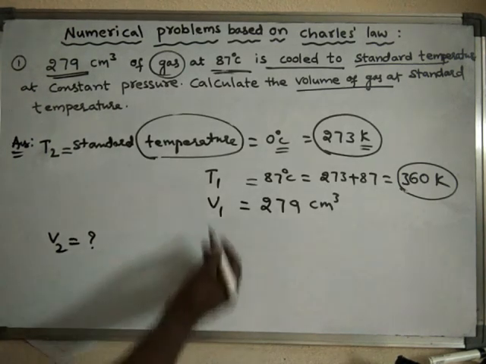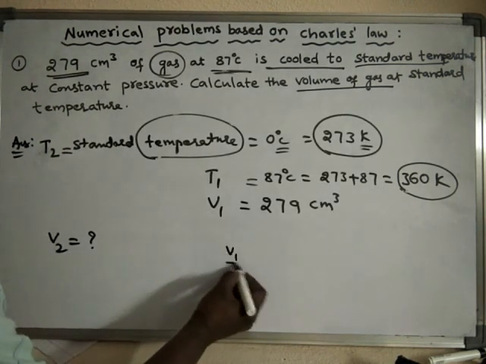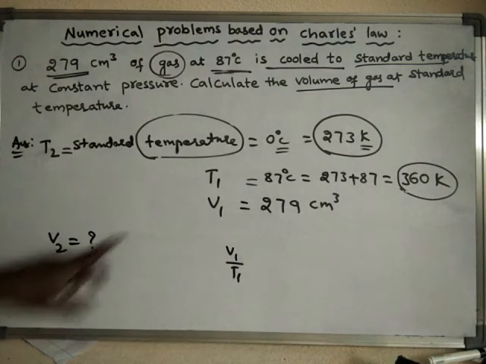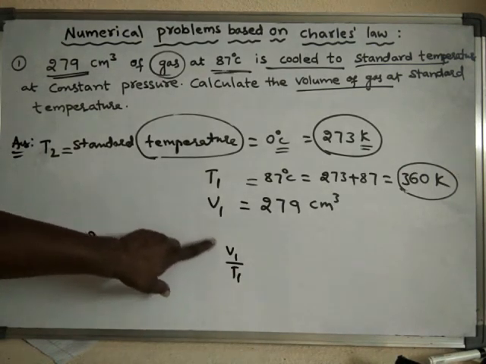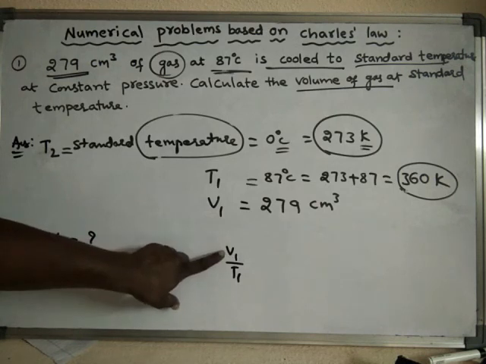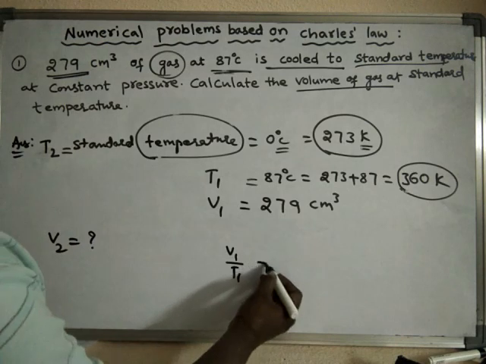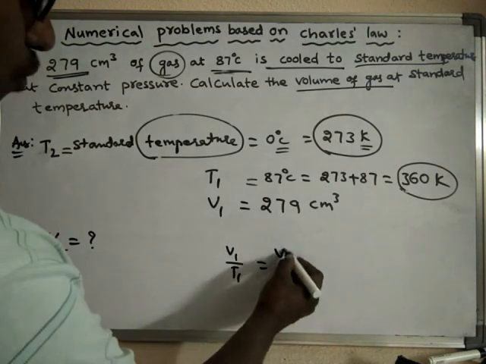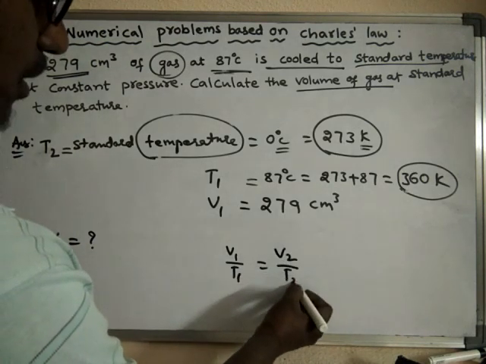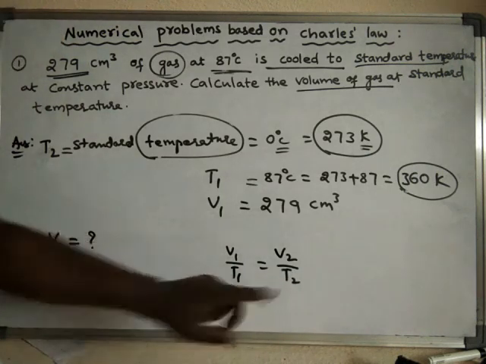Already we know that V1 by T1, under initial conditions, the ratio of volume and temperature of that particular gas should be equal to the ratio of volume and temperature at some other conditions.